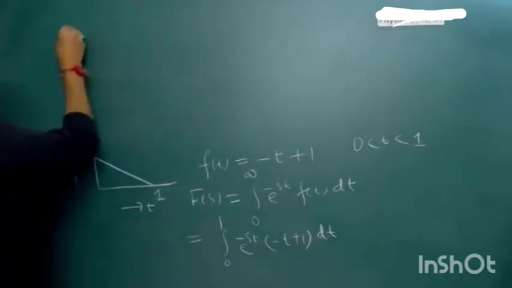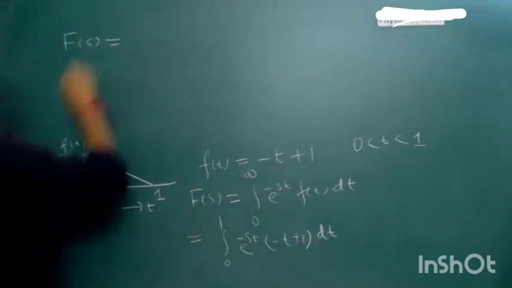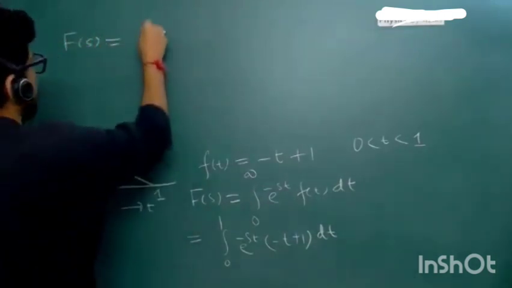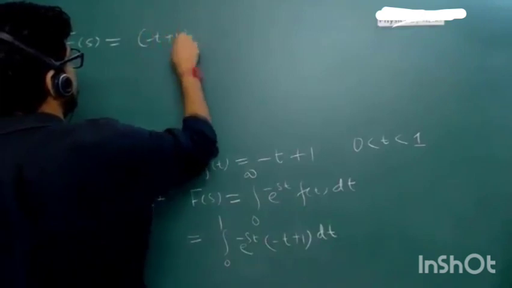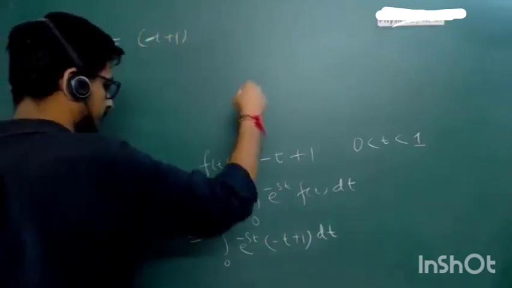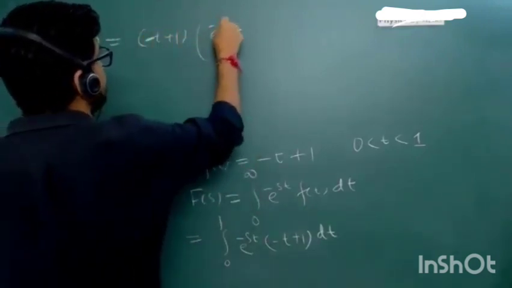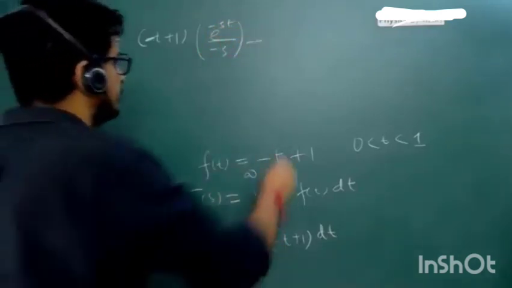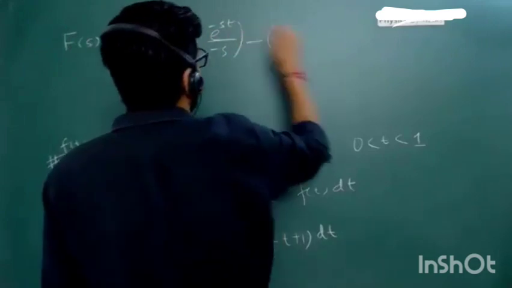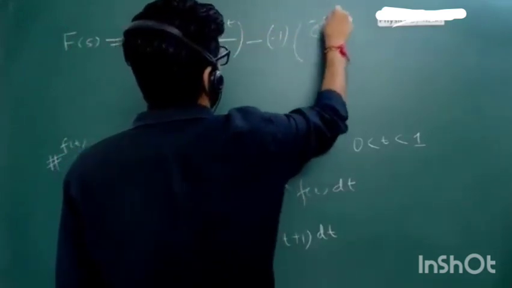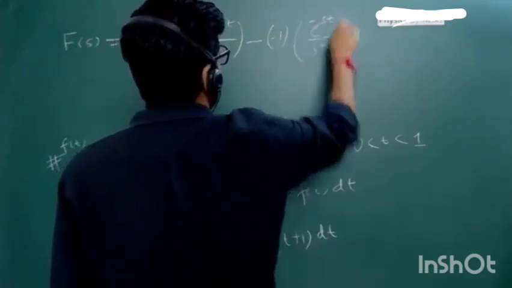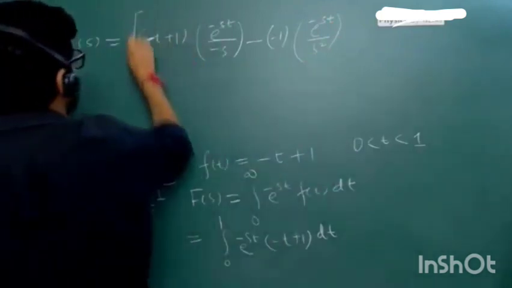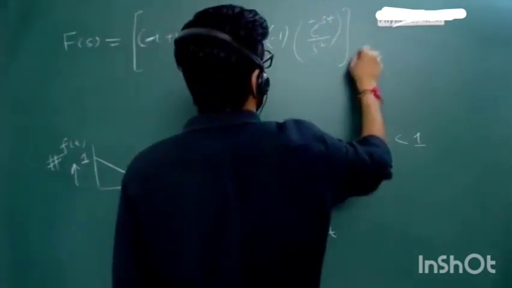f of s is equal to first function, integration of second, minus derivative of this, integral of this. This complete thing is 0 to 1.